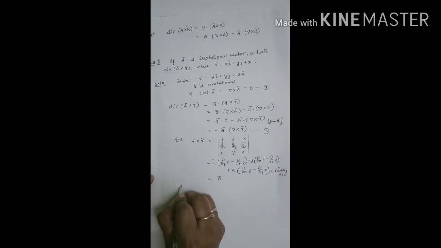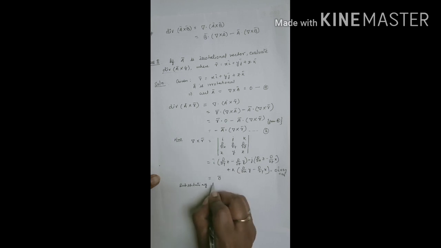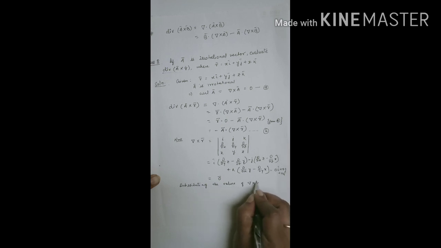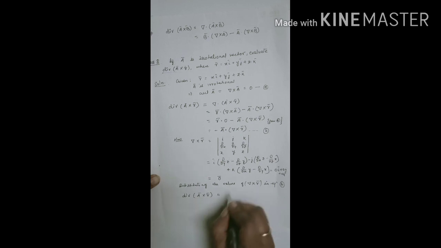So substituting the value of del cross r in equation B, what you have is divergence of A cross r equal to minus A dot, you got a 0 vector, so this value is nothing but 0.